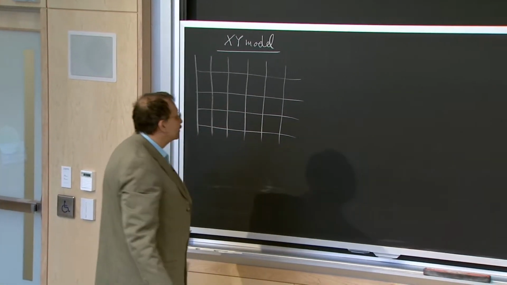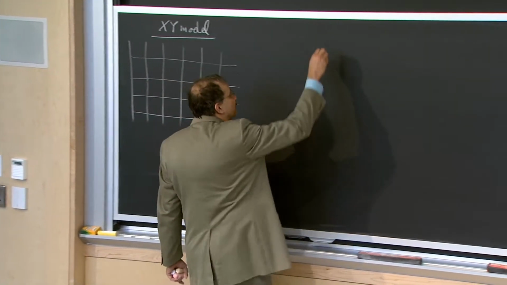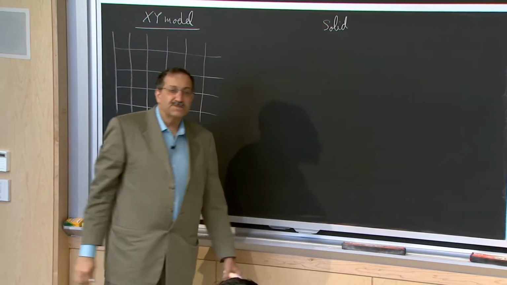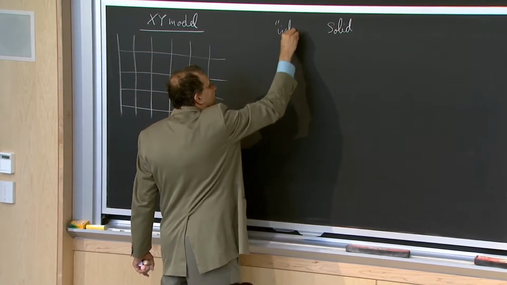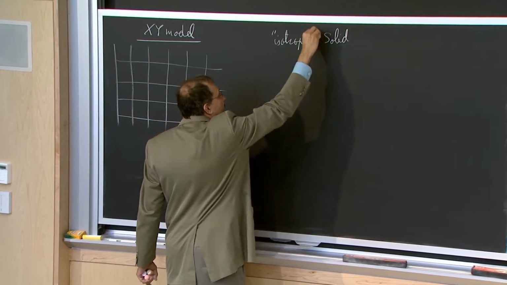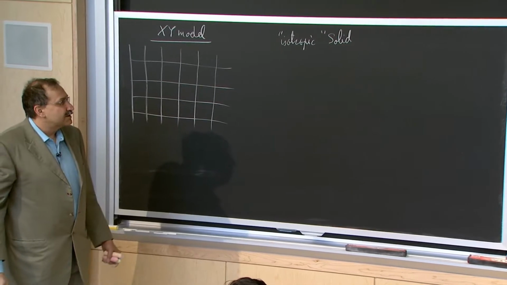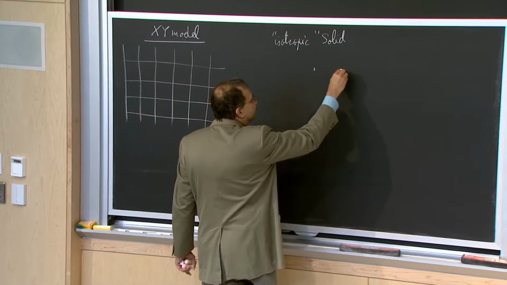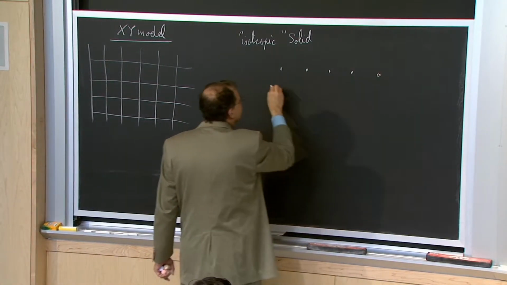And today we are going to compare and contrast that with the case of a solid. More specifically, for simplicity, an isotropic solid. A typical example of an isotropic solid in 2 dimensions is the triangular lattice. So something like this.